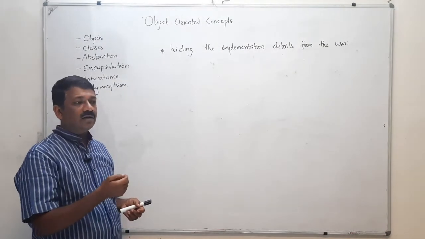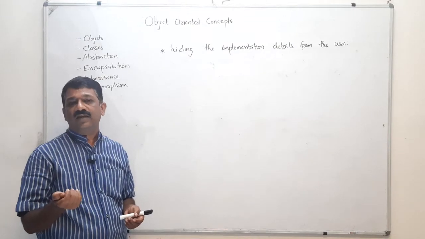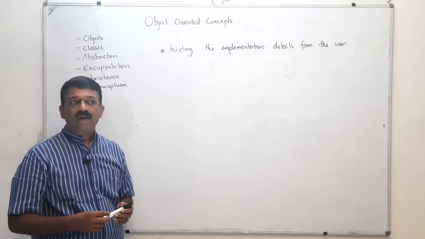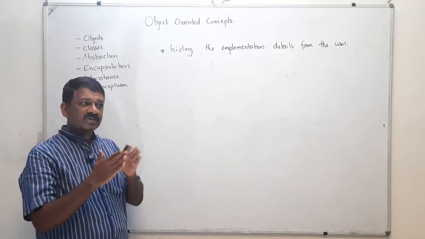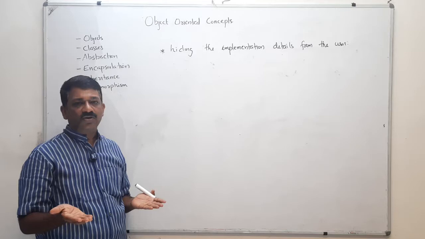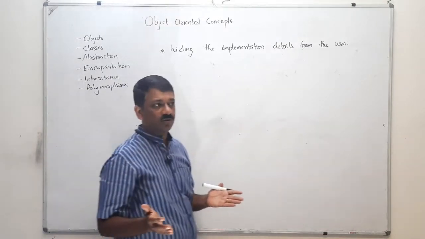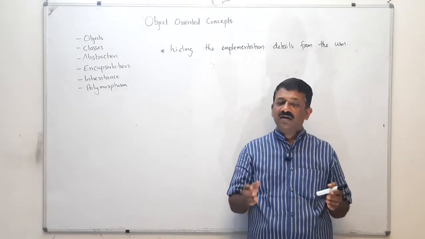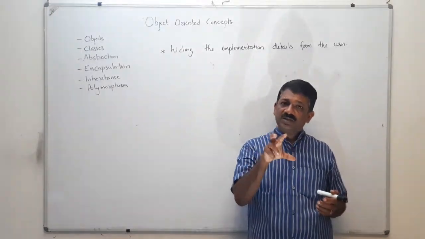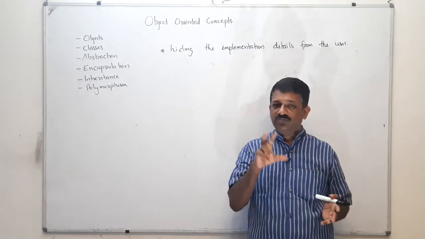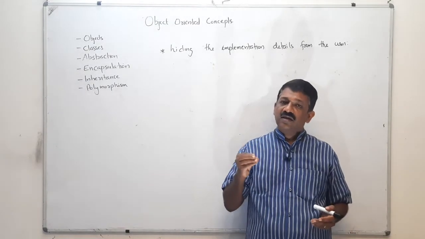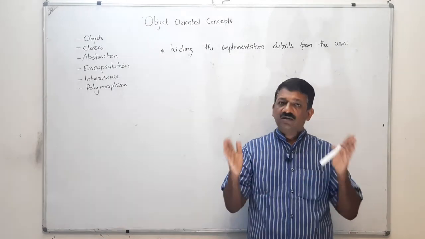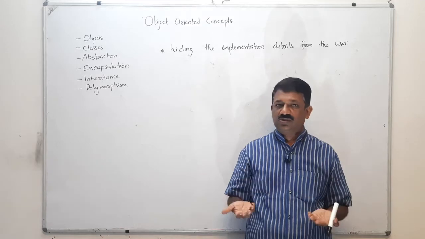Okay, when you are using a remote or something like that, then using a remote you can control a TV or washing machine. Then the user of that particular object, for example, TV or washing machine is an object, and that object has a number of functions, and the user of that object need only know what are the functions he can use.